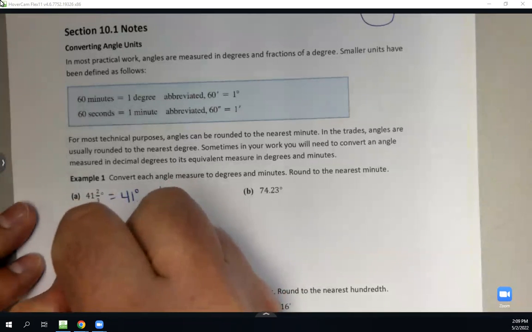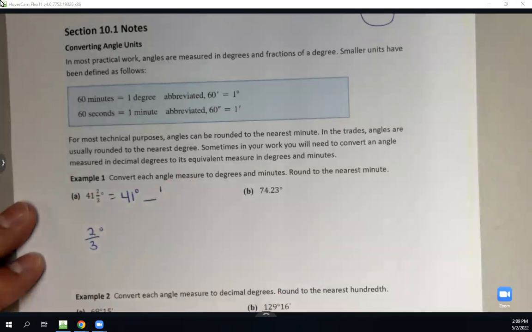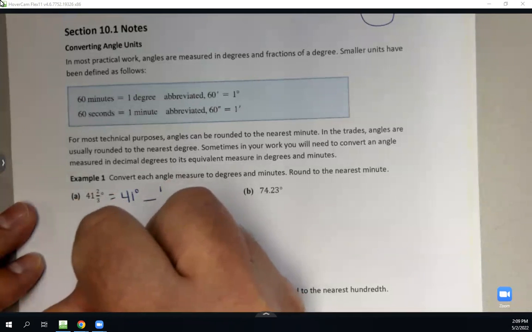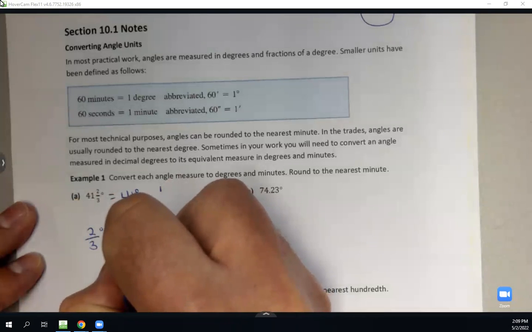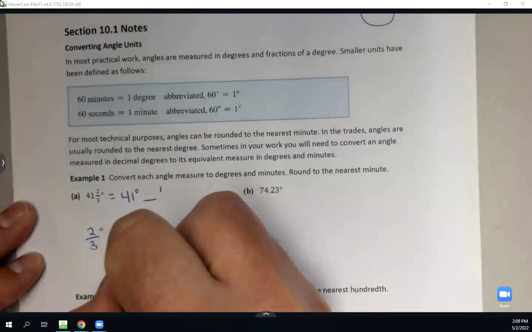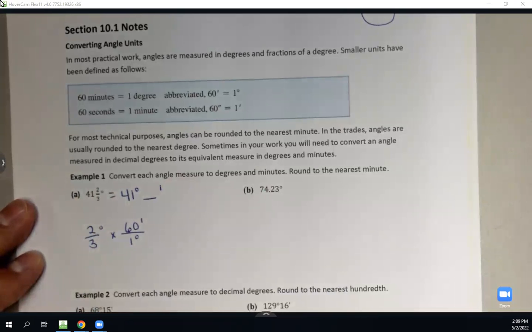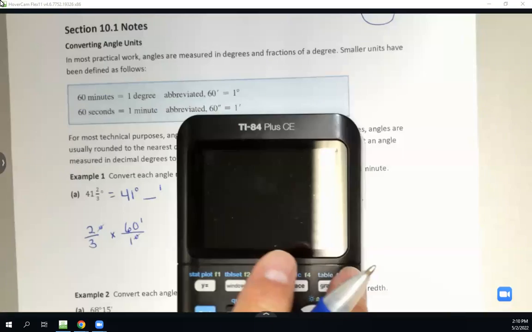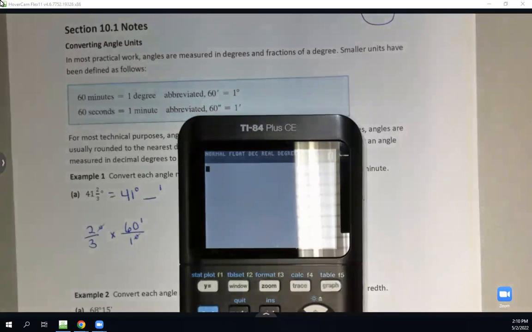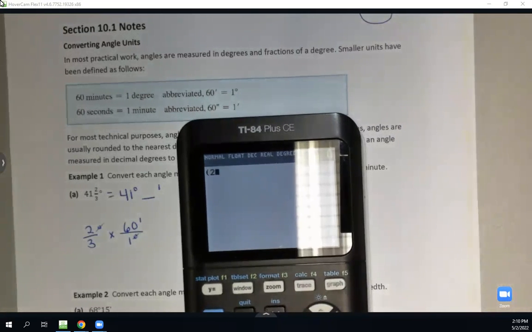If I have 2/3 of a degree, I multiply that by the fact that there are 60 minutes in 1 degree, that will cancel out the degrees and leave me minutes. Does that make sense? So really all I'm going to do is take 2/3 of 60. Well, 2/3 of 60 is 40.